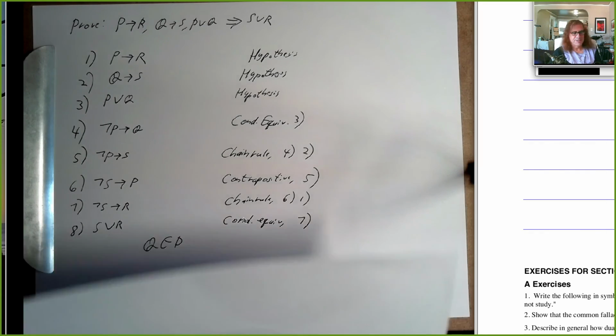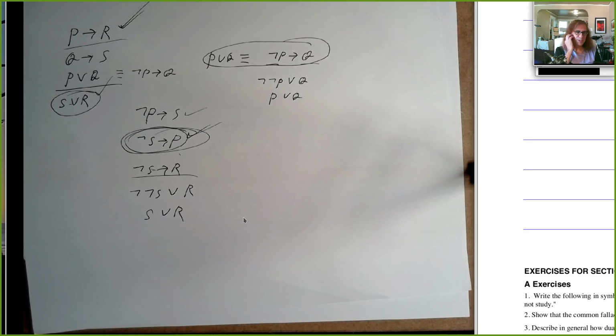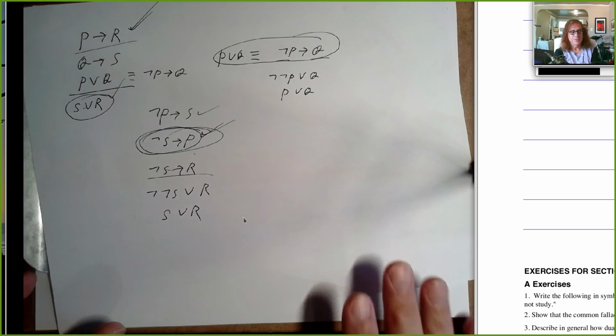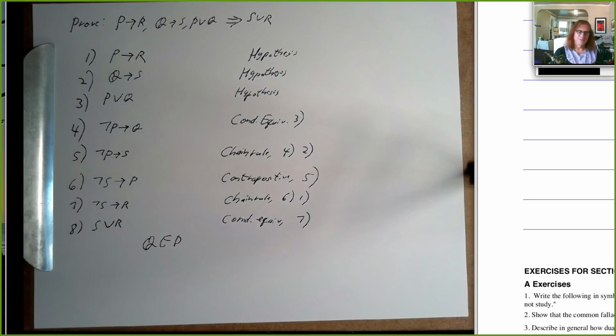Now, getting there takes trial and error, right? So you work on scrap paper, you play around with things, you try biconditionals, disjunctive addition, conditional equivalence. It's a lot of trial and error. That trial and error process is how you learn to do this, okay?